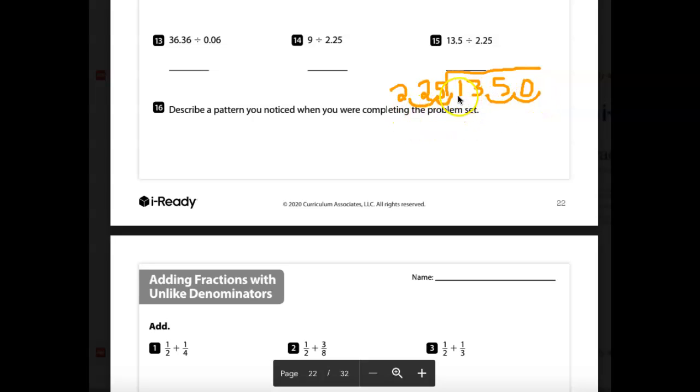So 225 won't go into 1, it won't go into 13, it won't go into 5. So we need to find out how many are in 1,350, and we're going to guess and check.